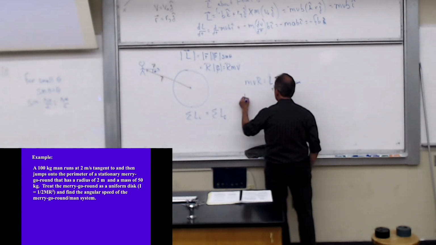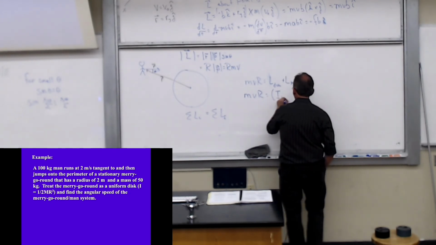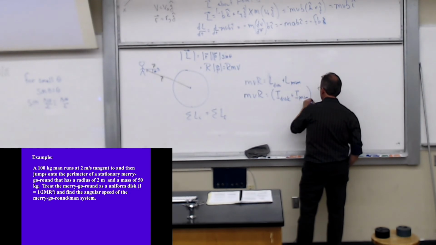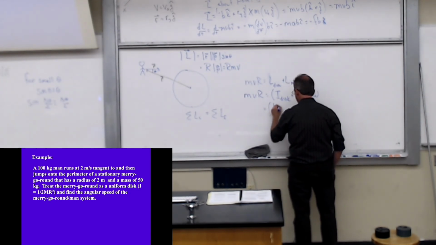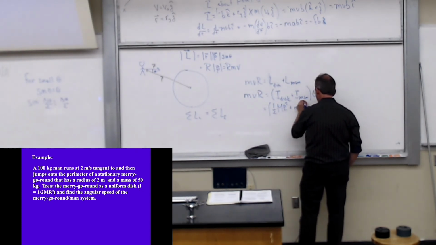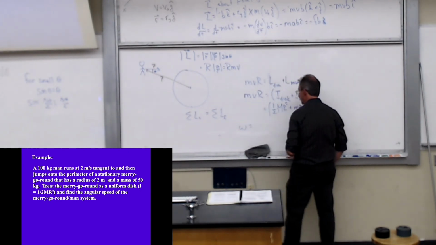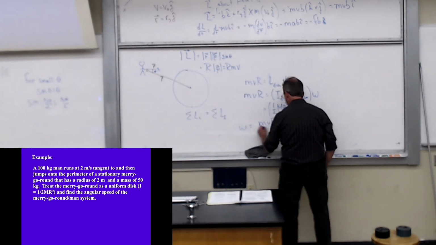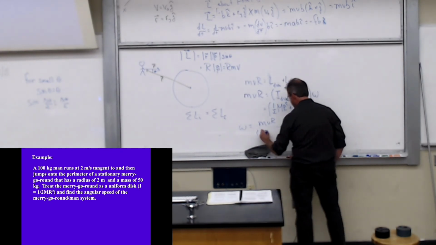So I have mvr equals (I disk plus I person) times omega. And so omega is mvr divided by the total moment of inertia of the system.